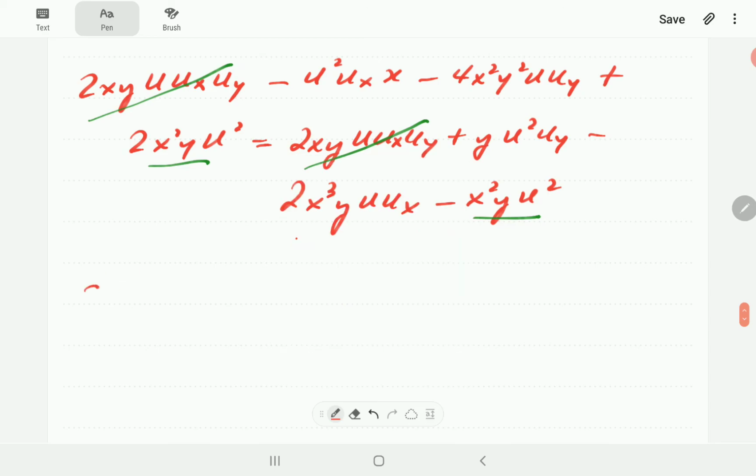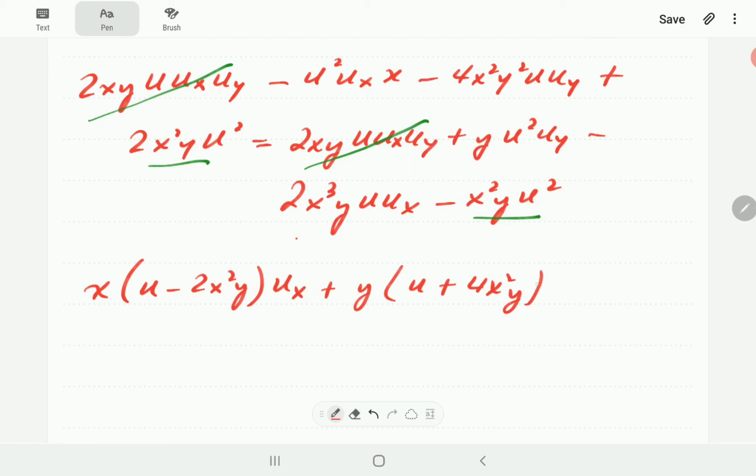follows. So we're going to have x into u minus 2x squared y times ux plus y into u plus 4x squared y uy.